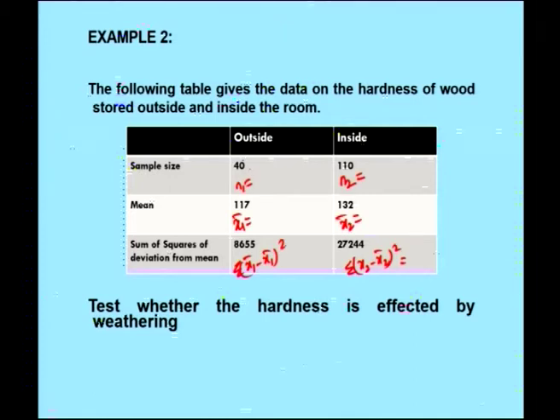N1 is equal to 40, N2 is equal to 110, x1 bar is 117, x2 bar is 132. Summation x1 minus x1 bar whole square is equal to 8655, and summation x2 minus x2 bar whole square is equal to 27,244. Okay. Now, S1 square and S2 square are not available.